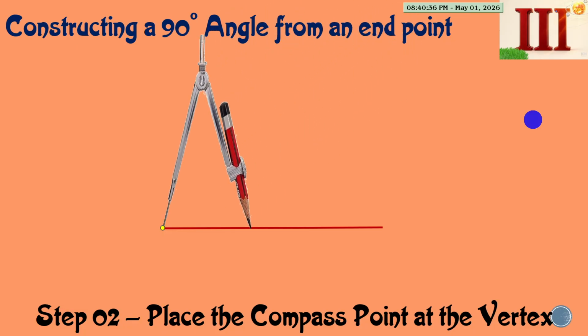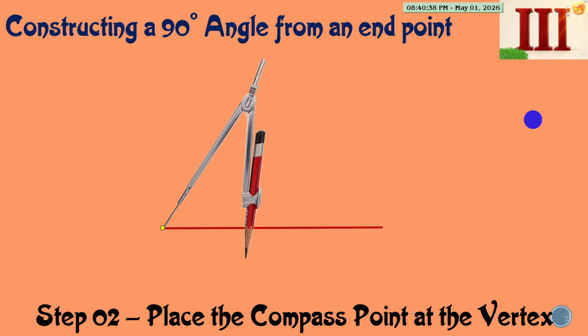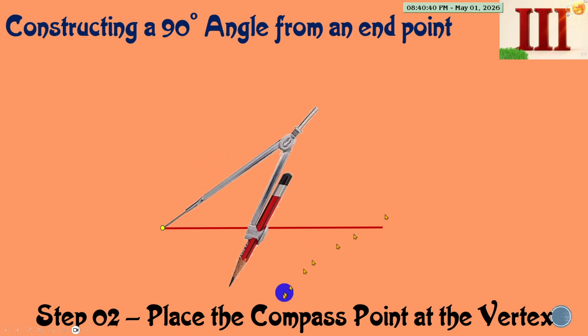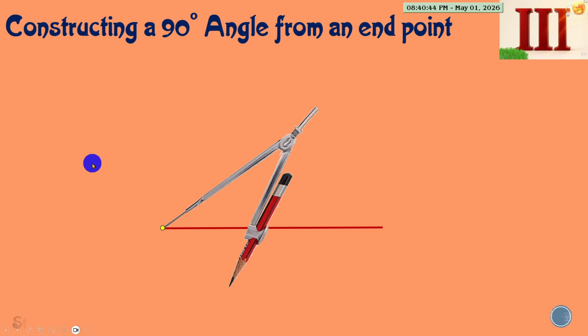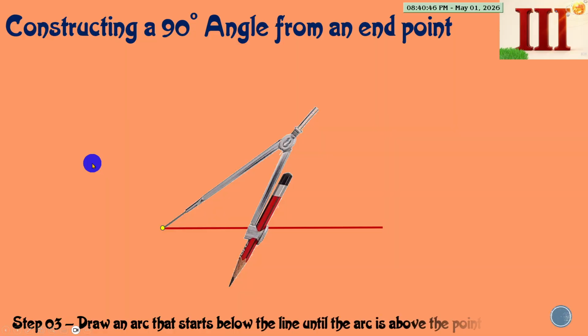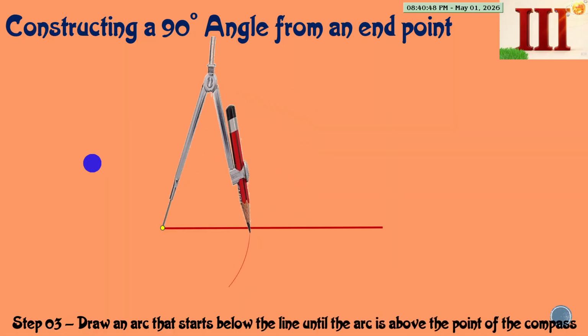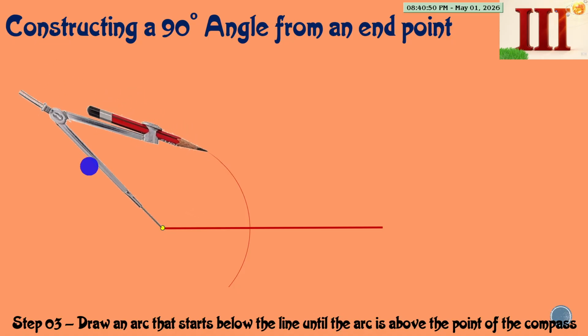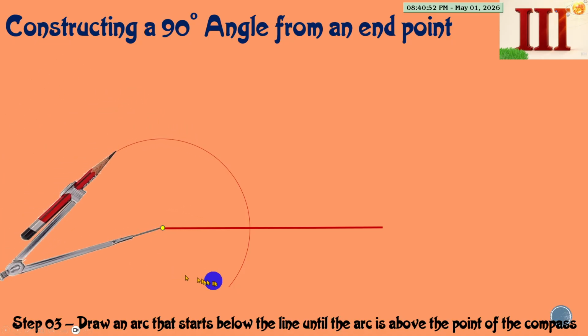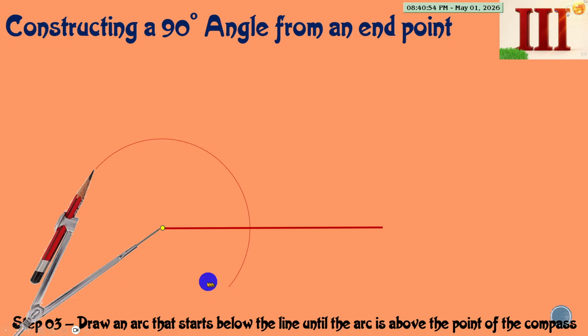So we'll draw an arc from below the line all the way to a point that is way beyond 120, because we must make sure it's at least 120 degrees. So we're going to draw this arc, and then we will keep the compass where it is.